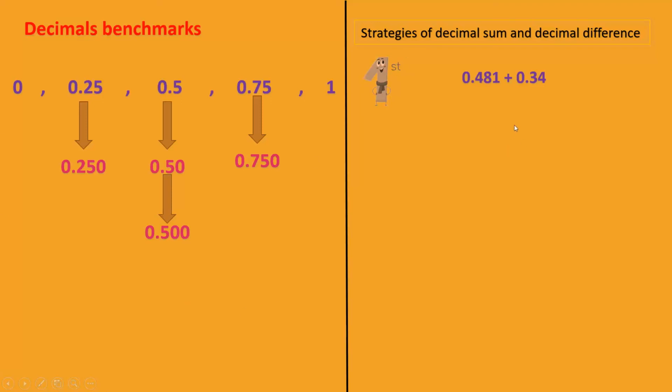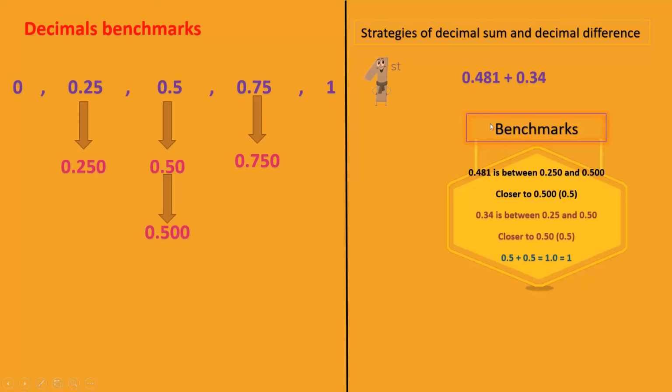Okay, first: 0.481 plus 0.34. If you ask me to use the benchmark, okay, let's see. 0.481, between what and what in this benchmark?